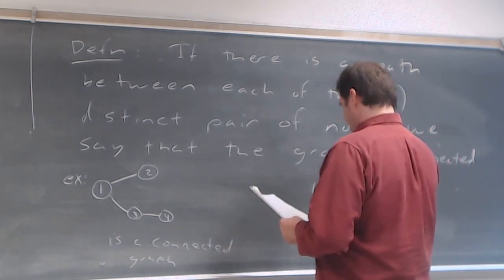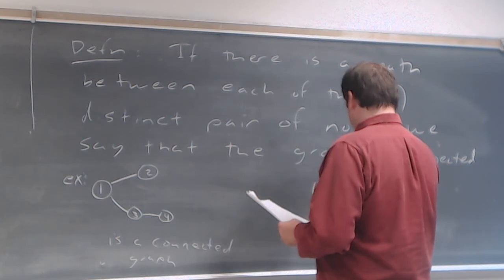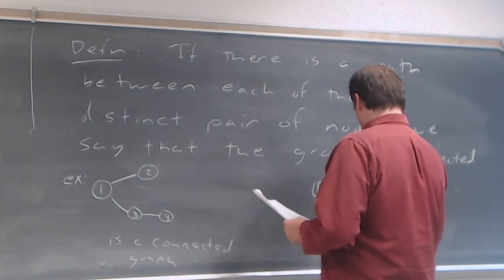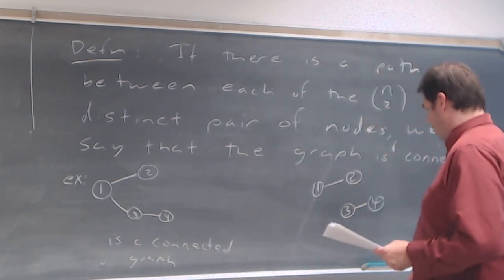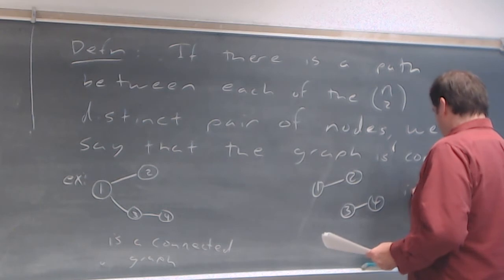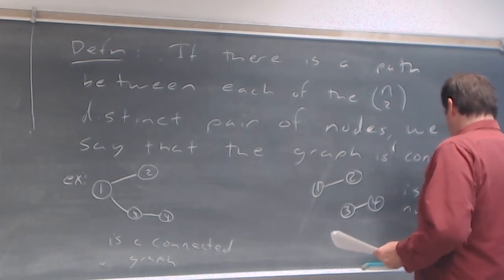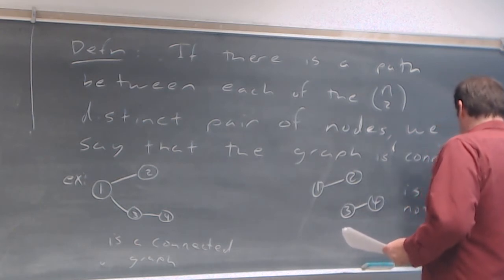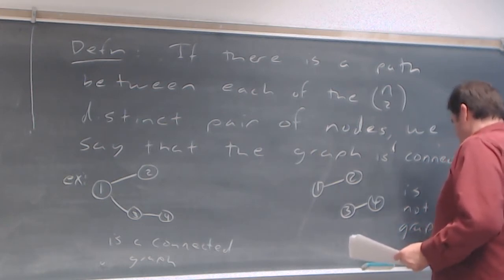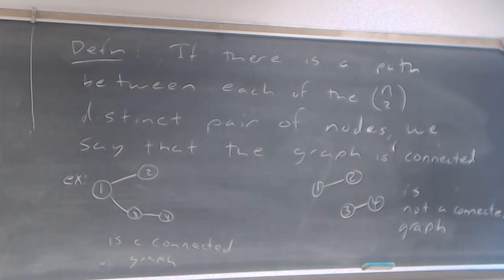Another example: if I had 1, 2, those were connected, and 3 and 4, those had an arc between them. Well, this particular graph is not connected. It's not a connected graph.